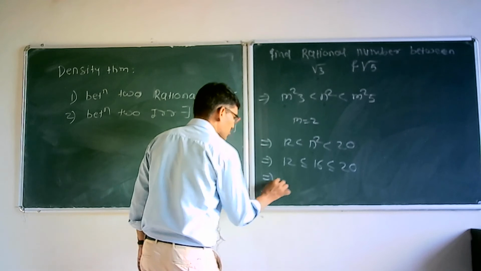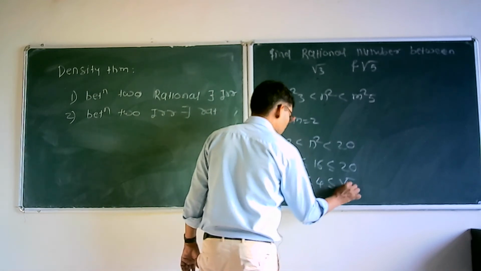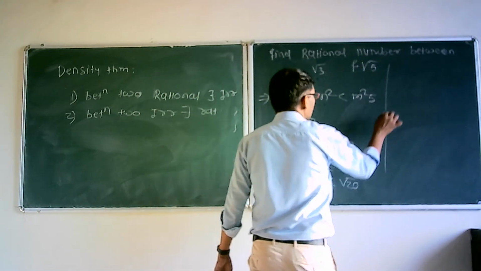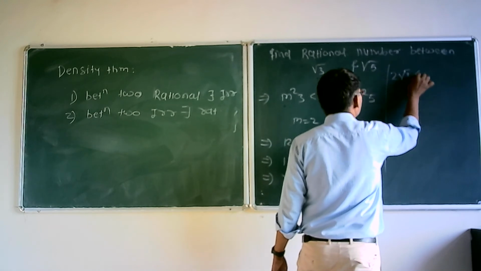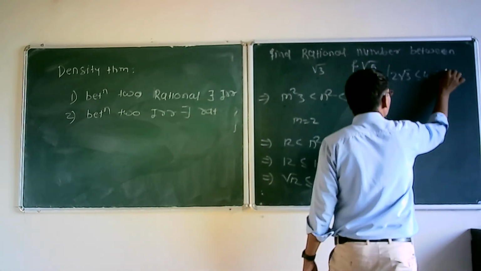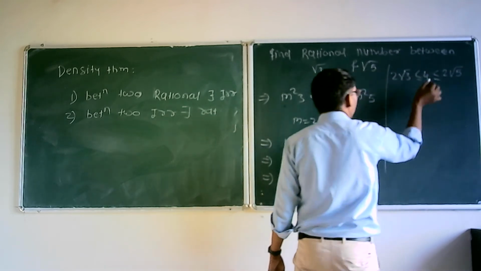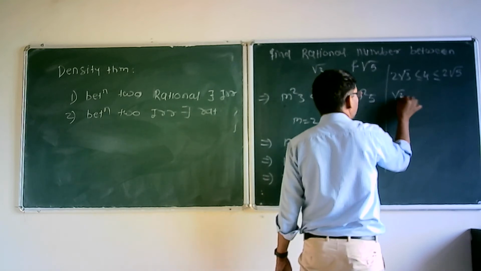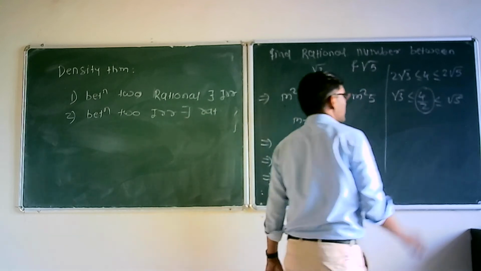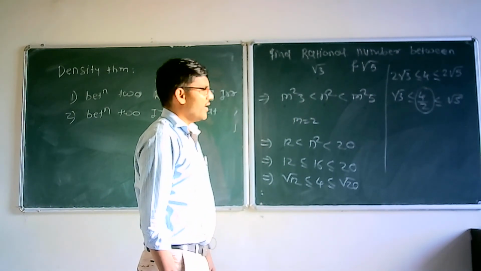Now take the square root on both sides. 12 is 2 under root 3, less than or equal to 4, less than or equal to 2 under root of 5. If you divide by 2 on both sides, you get under root of 3 less than or equal to 4 by 2 less than or equal to under root of 5. So this is a rational number between under root 3 and under root of 5.